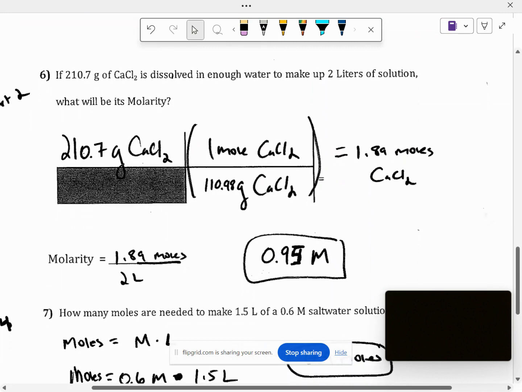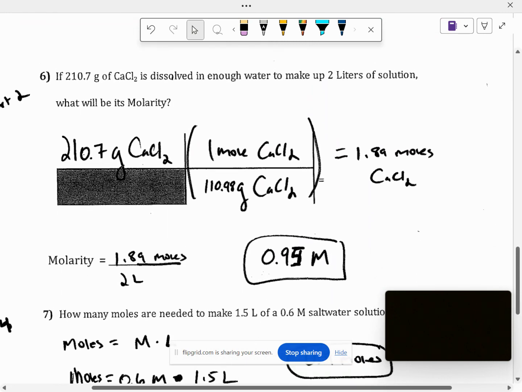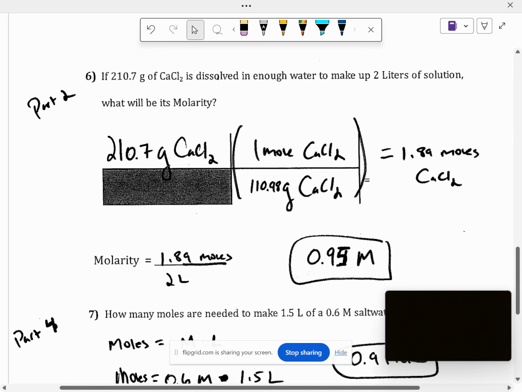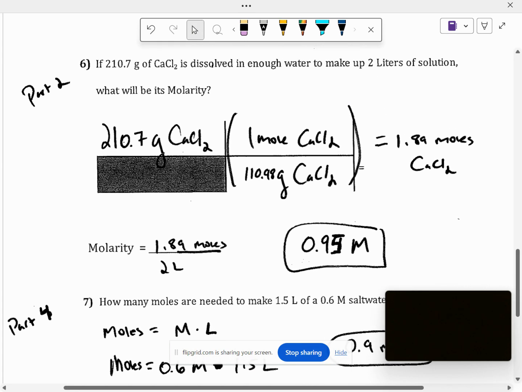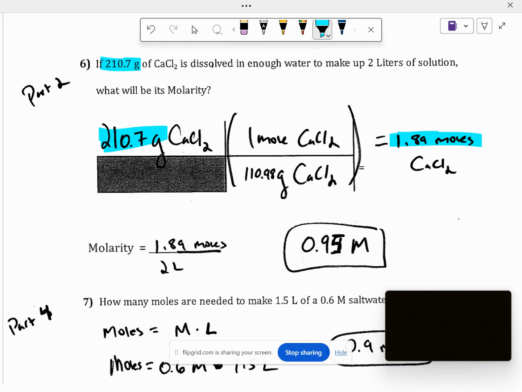On the back page, now we're given part 2 of your notes. If you are given 210 grams of calcium chloride dissolved in enough water to make up 2 liters of solution, what will be the molarity? The first step is we need to convert grams to moles, right? Once we do that, we're able to plug it into our equation, because molarity is moles over liters.